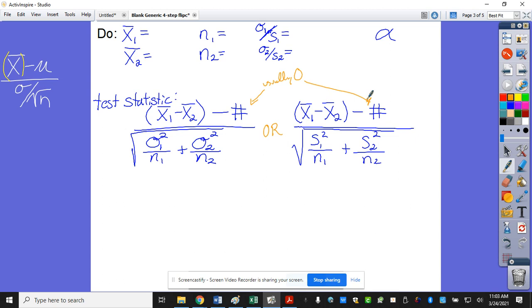Two more things I need to do. Go ahead and shade it. And from that, I get my p-value, which I compare to alpha.